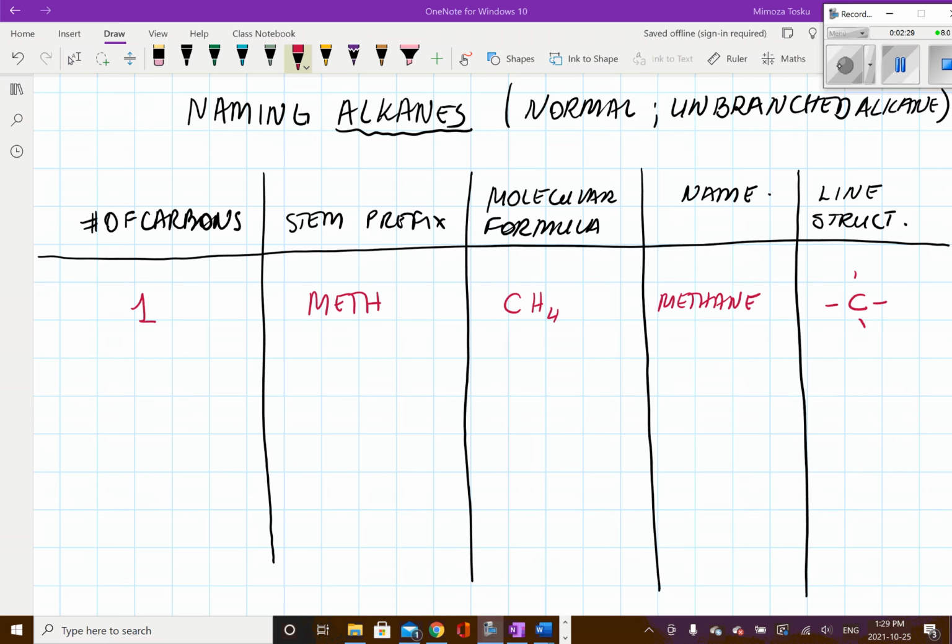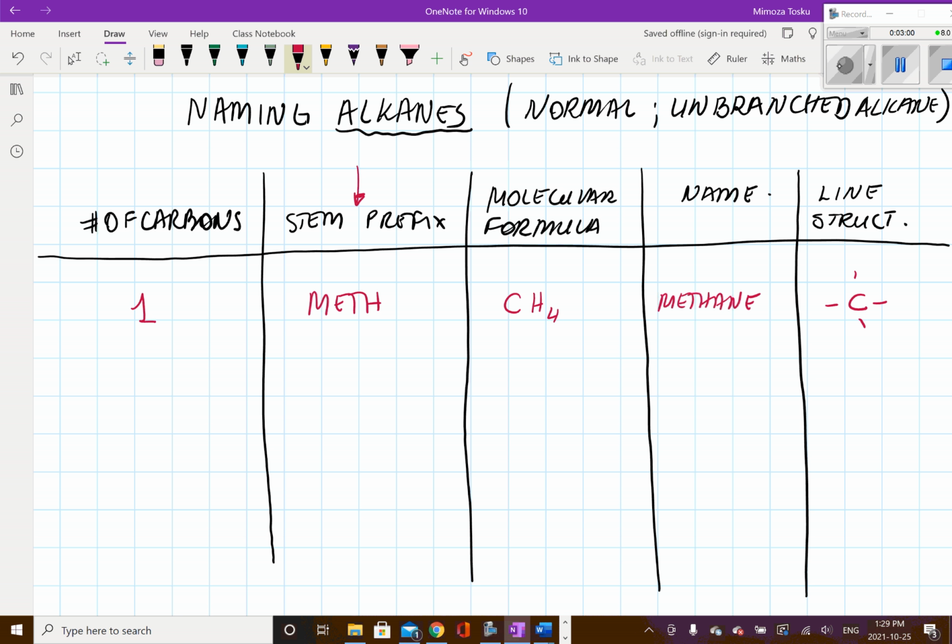The table that I want you to replicate into your data booklet is something like this. In the first column, we have the number of carbons. In the second column, we have the stem prefix, which will serve us even later on. So this is very important, even when we are working with branched alkanes. Then the molecular formula, the name, and the line structure.